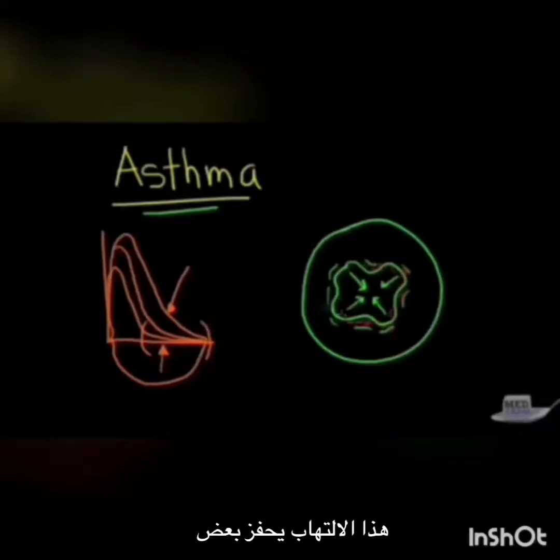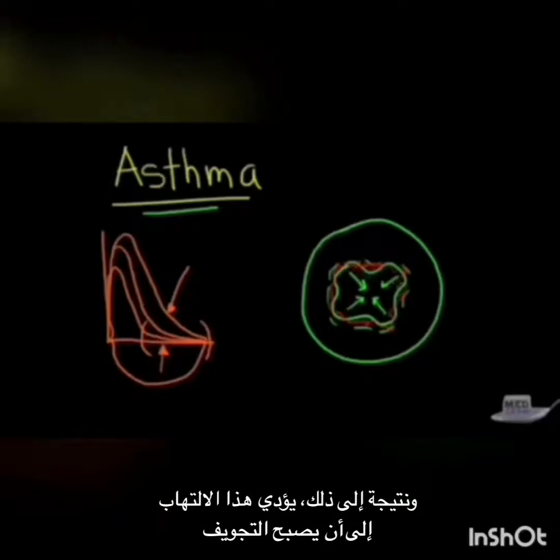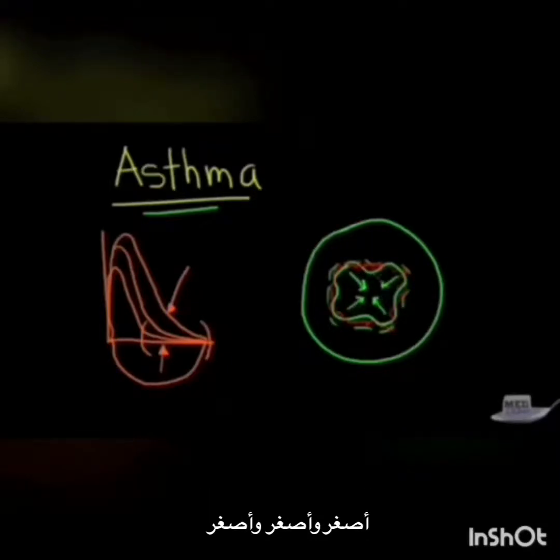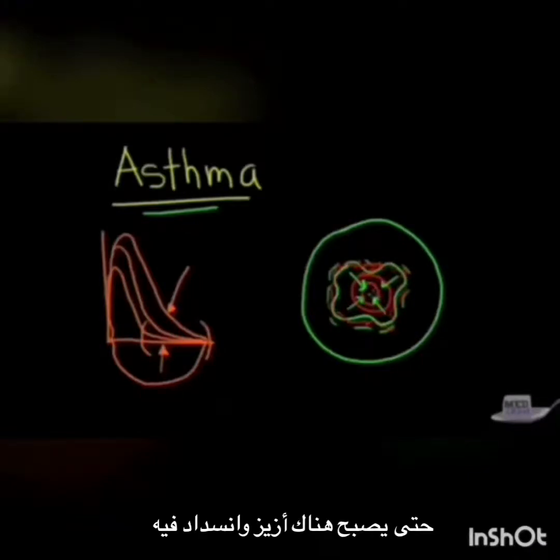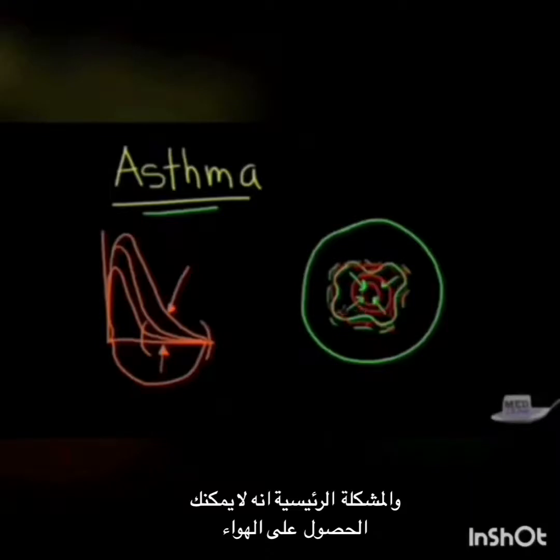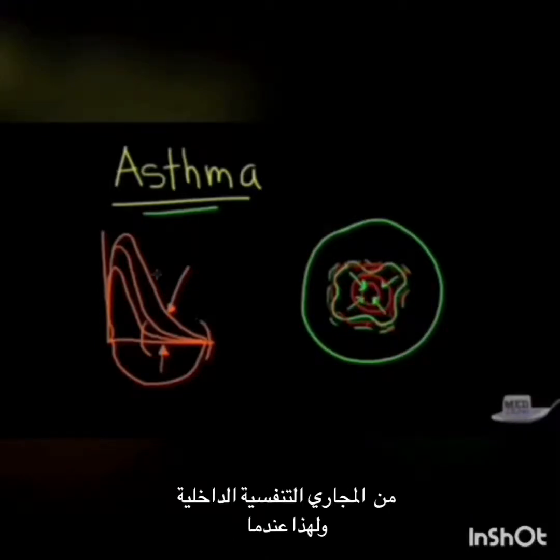This inflammation stimulates certain cascades and causes smooth muscle constriction. And as a result, the lumen gets smaller and smaller until finally there's wheezing, there's obstruction, and the primary problem is that you can't get air out of these small airways.